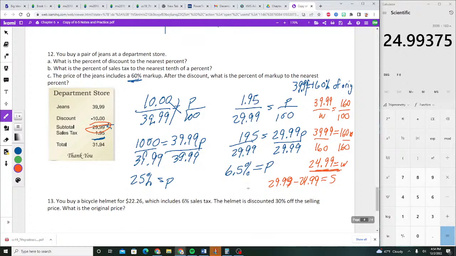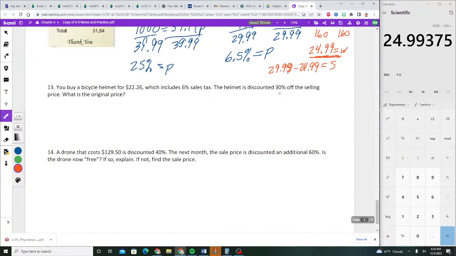Didn't realize how extensive this problem was. We're going to be doing $5 is P percent of 24.99. So we cross multiply here.